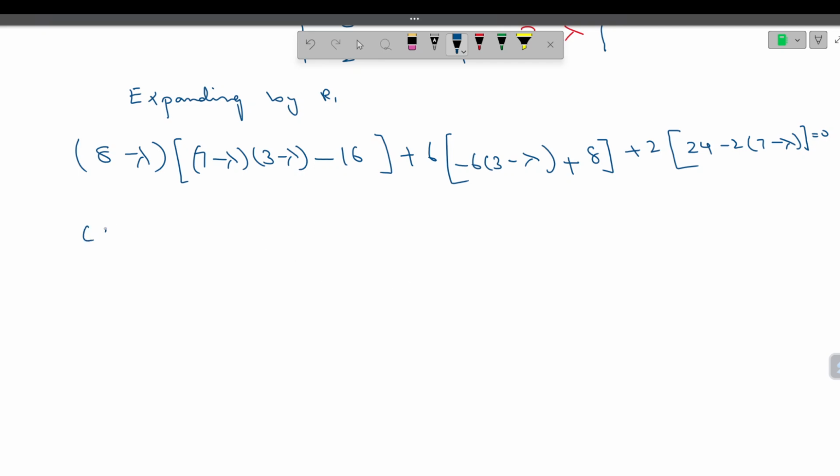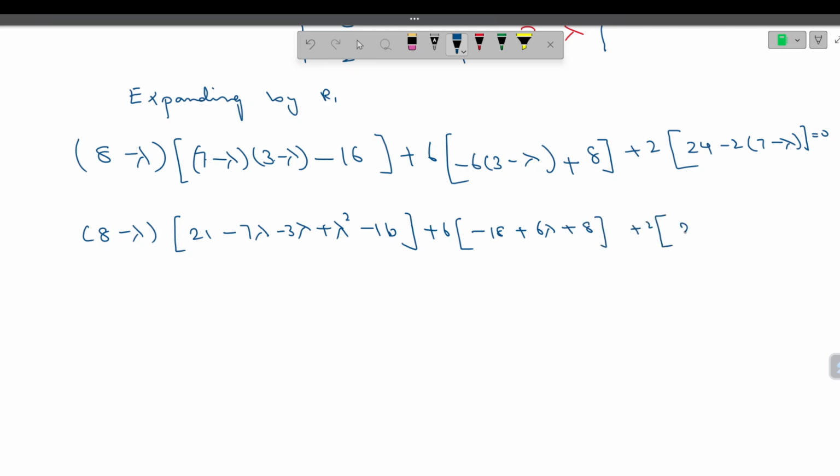Now simplify. 8 minus lambda as it is. 3 sevens are 21, minus 7 lambda, minus 3 lambda, plus lambda square, minus 16. Then plus 6 of: minus 3 sixes are 18, minus into minus plus 6 lambda, plus 8, plus 2 as it is: 24 minus 14 plus 2 lambda, should be equal to 0.